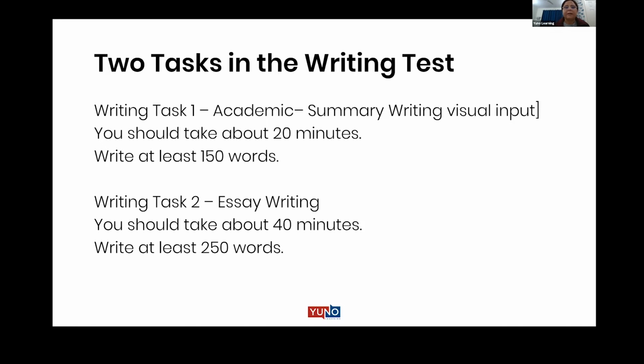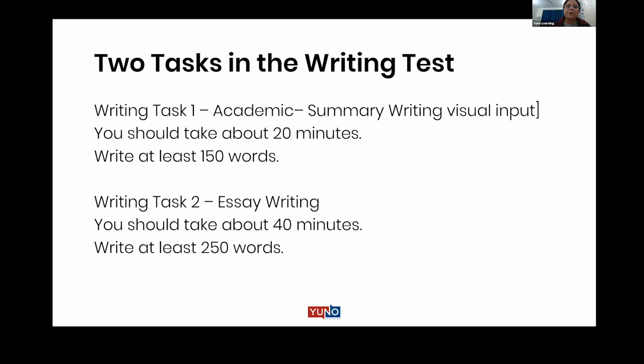And you should write at least 150 words. If you write less than 150, say around 145 or 146, you are penalized. So don't write less than 150 words, but at the same time, do not exceed it too much. Somewhere between 170 and 190 words is a good length for writing task 1.